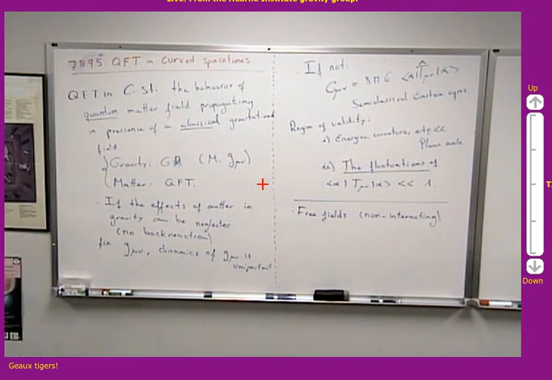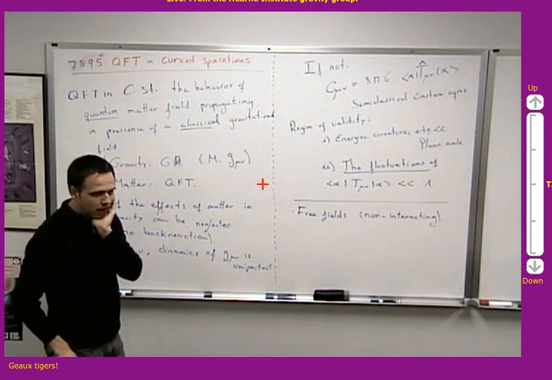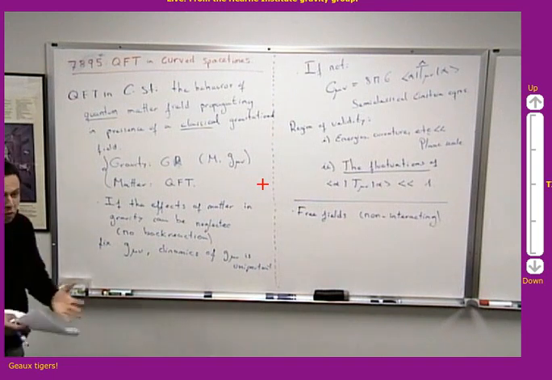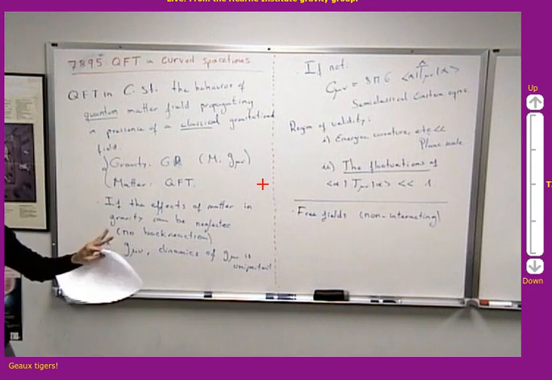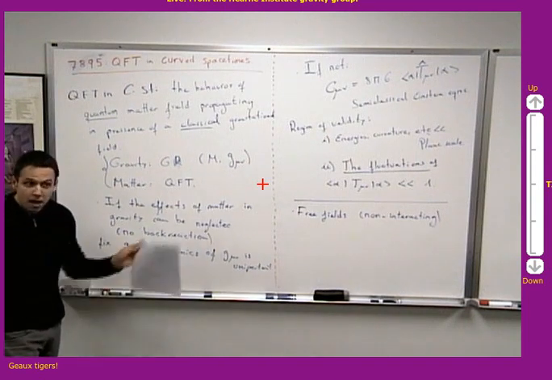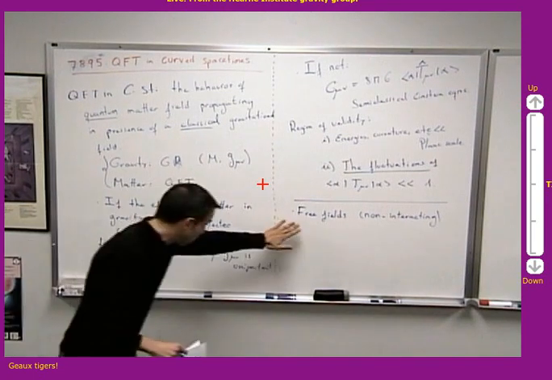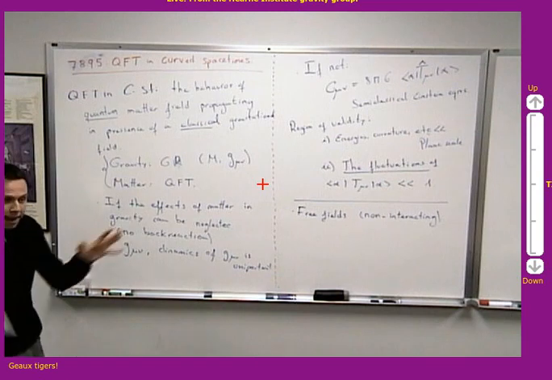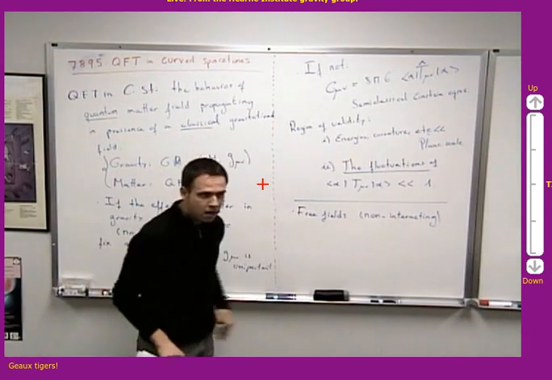So we will describe many examples. For instance, maybe the first example was when Leonard Parker discovered that the expansion of the universe can create particles from the vacuum. So you have a free field propagating in an expanding universe, and particles may appear spontaneously from the vacuum. That will happen for free fields. The Hawking derivation that black holes can radiate thermal particles of a quantum field also happens for free fields.